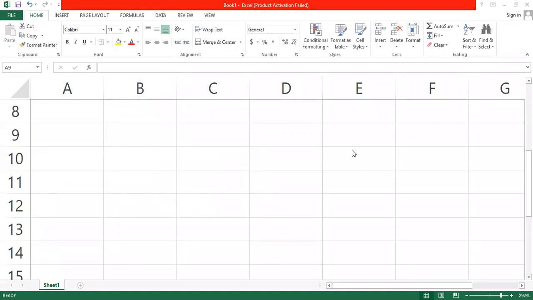Jocelyn, the question: is it an ordinary annuity? Ordinary. So we look at the future value of an ordinary annuity.